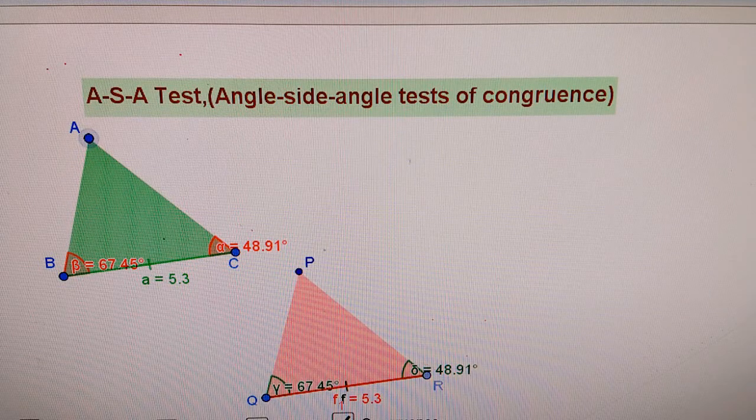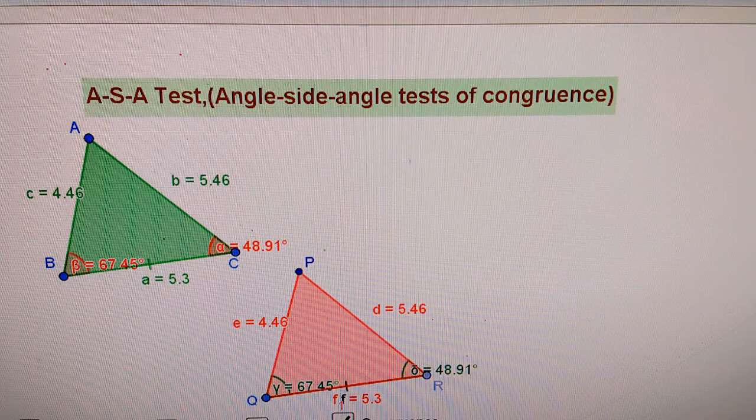As these two triangles are congruent, their corresponding elements are also congruent. See, segment AB is congruent to segment PQ, segment AC is congruent to segment PR, and angle A is congruent to angle P.